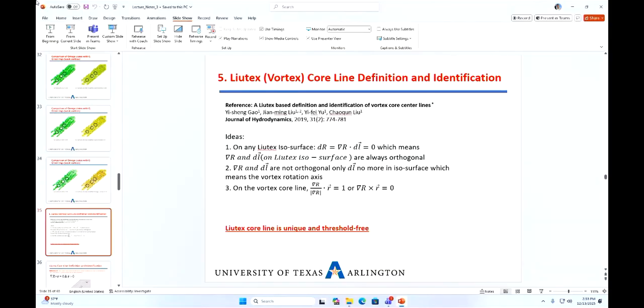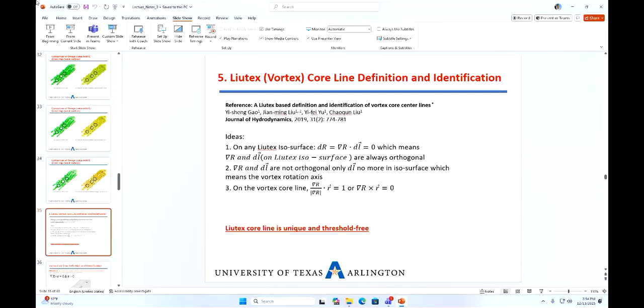They're orthogonal in general. But when you get a vortex center, what happens? If this is a core, we call it a core line. There, the gradient of R and R are the same, one if it's normalized.